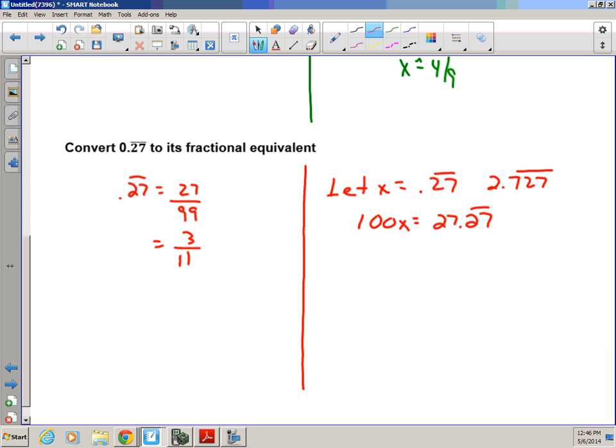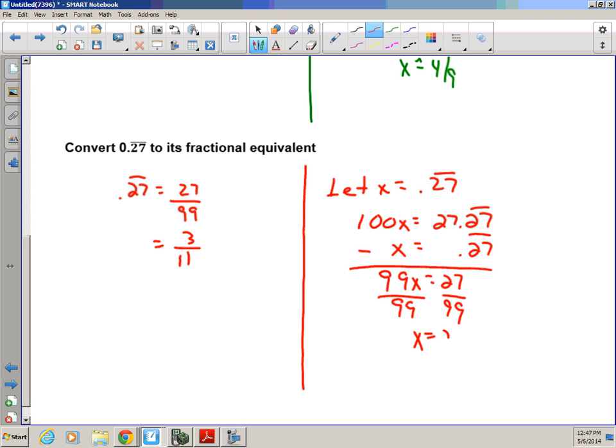And that's not good, because I don't have my full repeating part. I'm going to subtract my repeating part. So I get 99x equals 27. x is 27 over 99, which simplifies to 3/11.